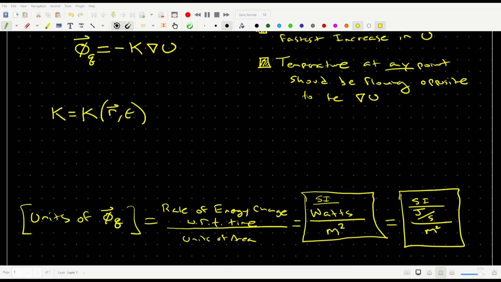And so you might also be wondering what the units of this K are. And everything has to be dimensionally consistent always when we're applying mathematics to the real world.